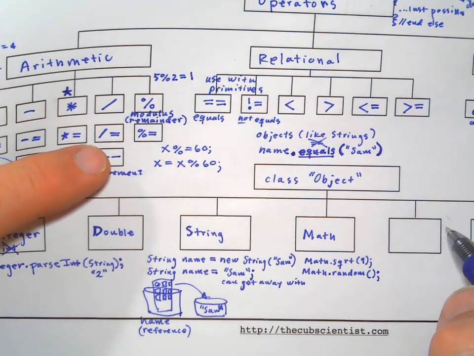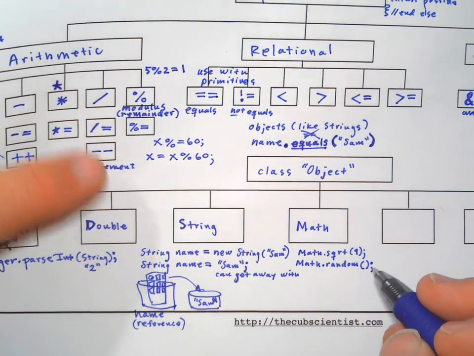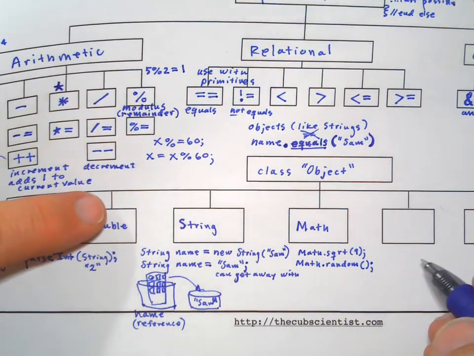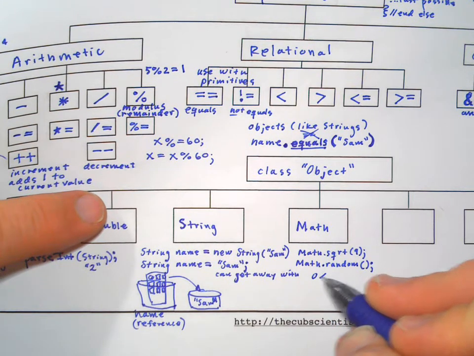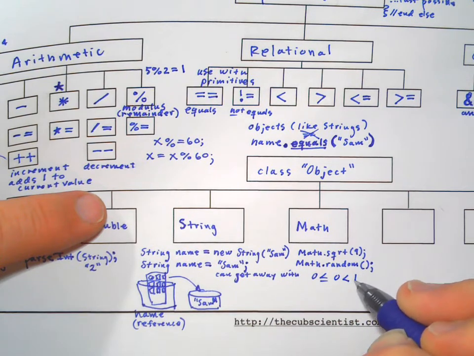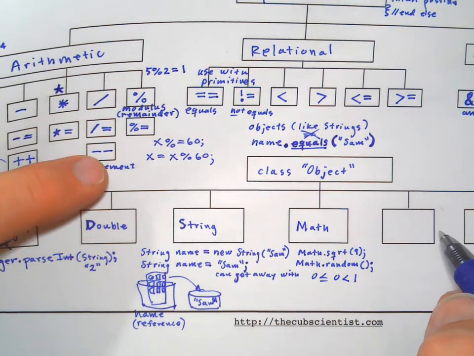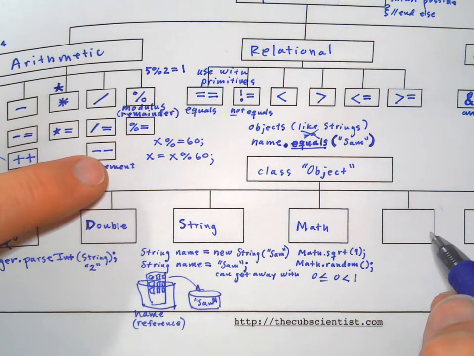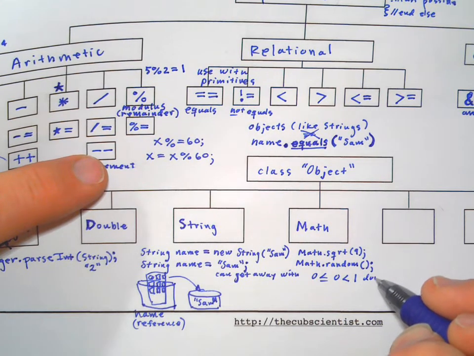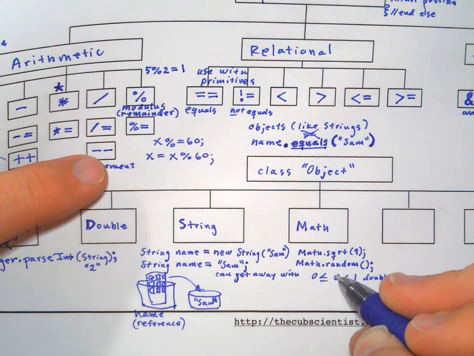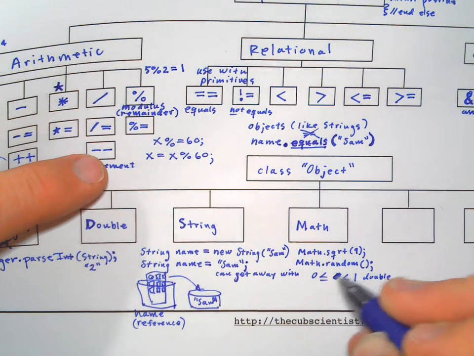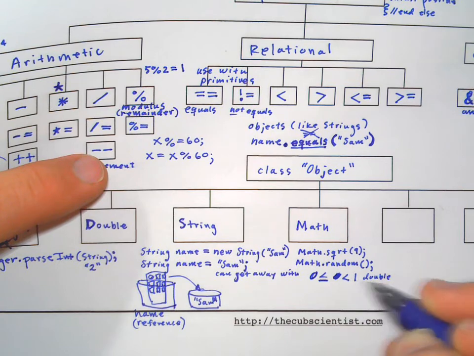Now, some extra notes on Math.random. It gives you a value from 0 to 1, a decimal, a double. It might actually give you a 0, but it will never give you 1.